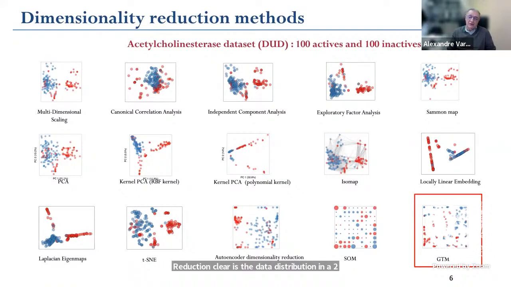This is illustrated on this slide, which shows application of 15 different methods of dimensionality reduction to the same data set of 100 actives and 100 inactives against acetylcholinesterase receptors. You see all images are different, but for some reasons we selected only one of them, which is called generative topographic mapping, or GTM.